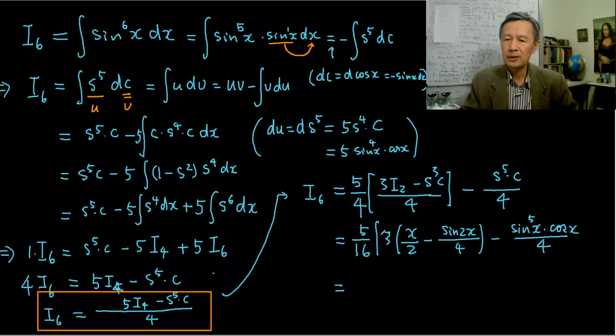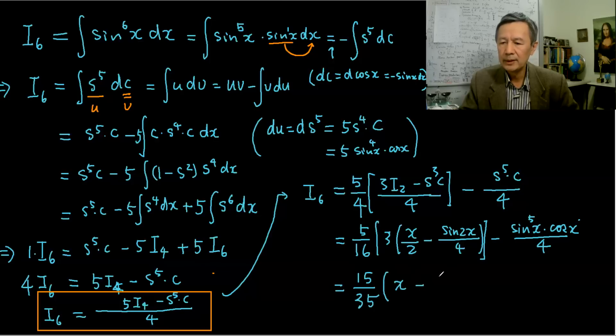So 3 times 5. All these 2 independent terms here. So basically we got 15 divided by 32. Do you want to go that far? It's 32. We put the 2 outside. And then the first term will be x minus sine 2x.